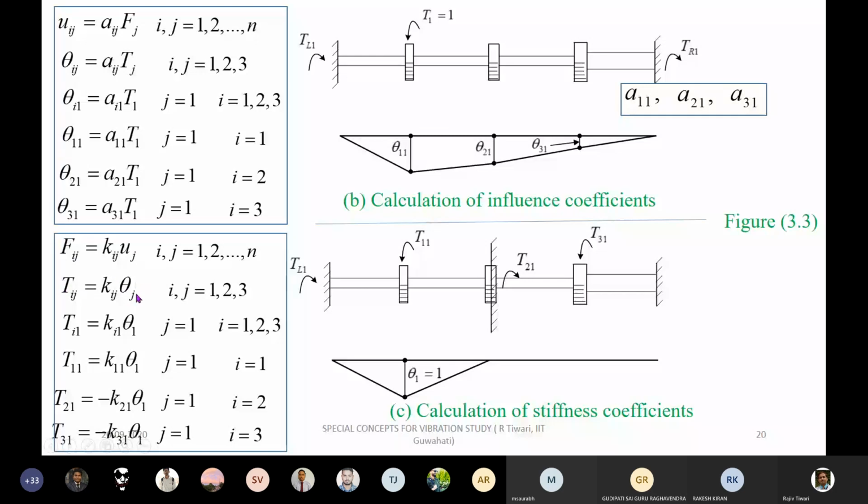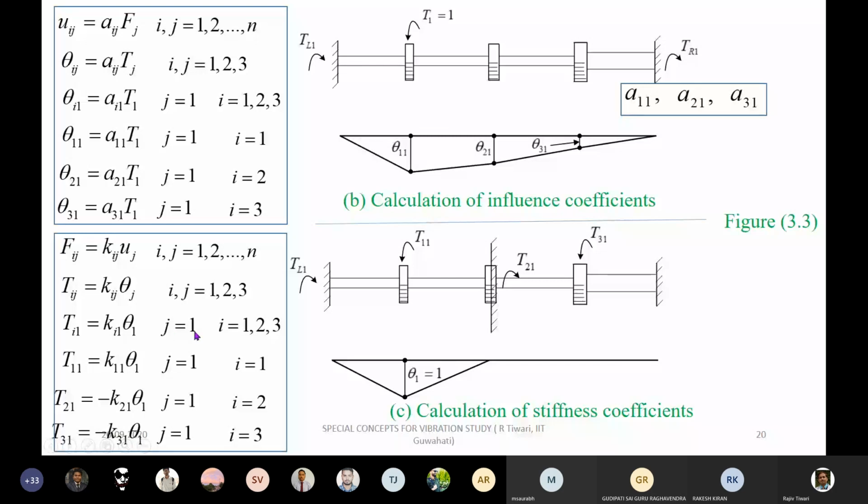Here we can define Kij by giving a unit displacement at the jth location, and the torque will give the corresponding stiffness coefficient. So let us see when the j location is the first location.